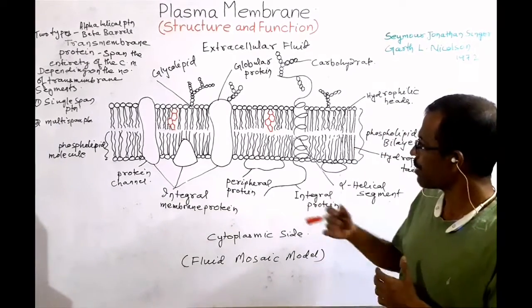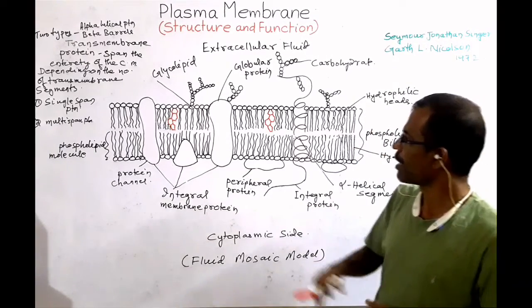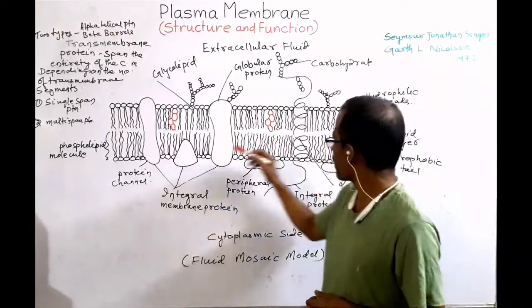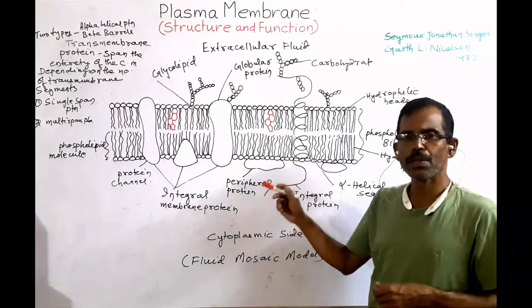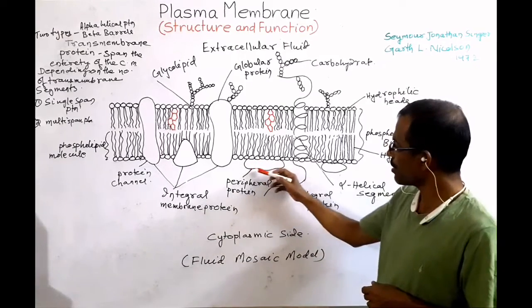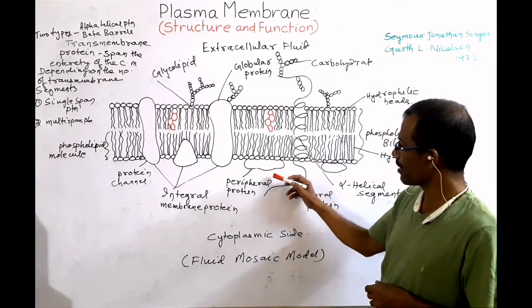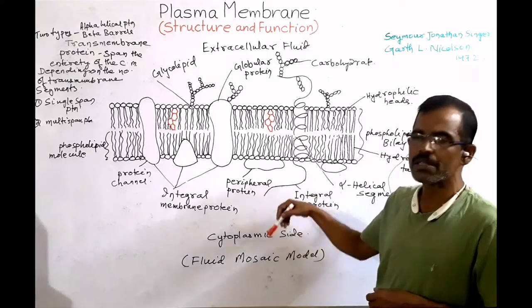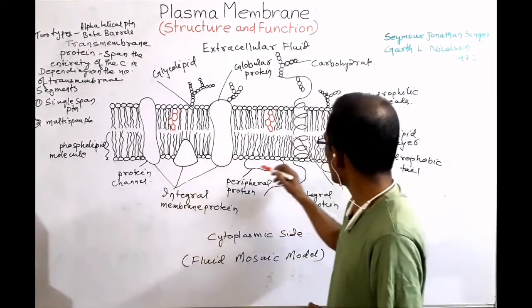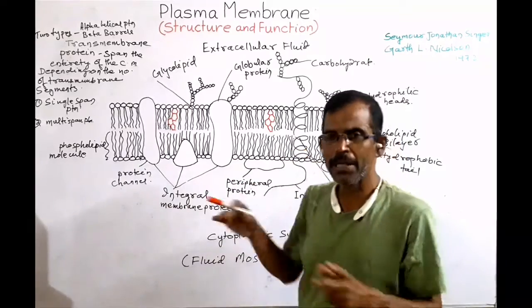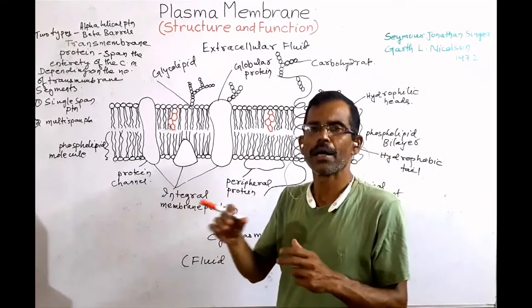The second type of membrane protein is integral membrane proteins. The peripheral membrane proteins, because they are loosely associated with the surface, can be easily removed. Whereas integral membrane proteins are associated permanently with the lipid bilayer.